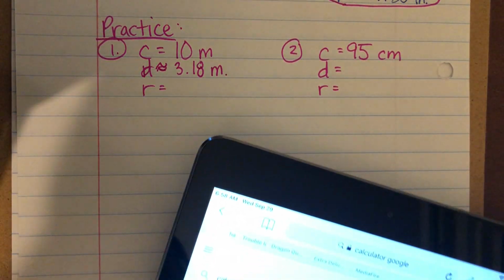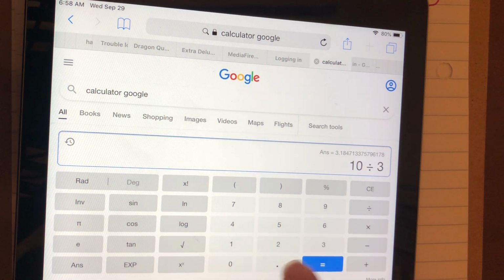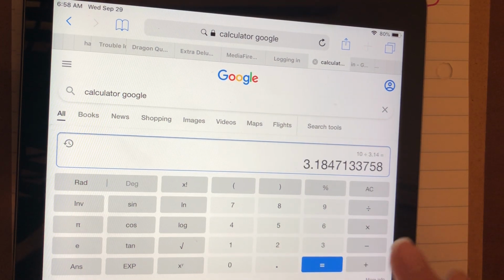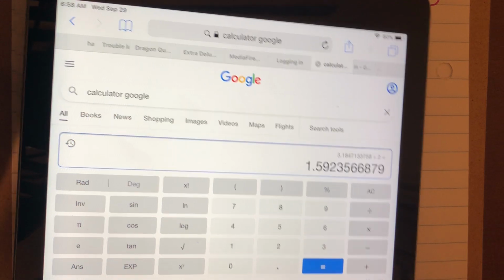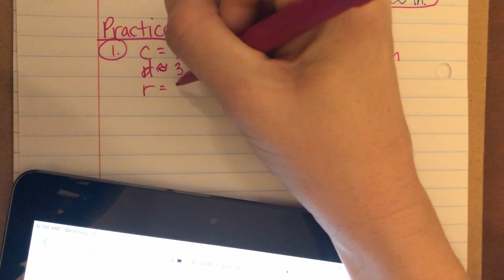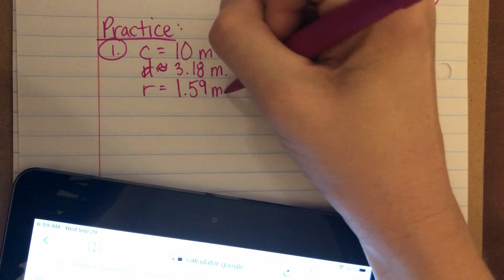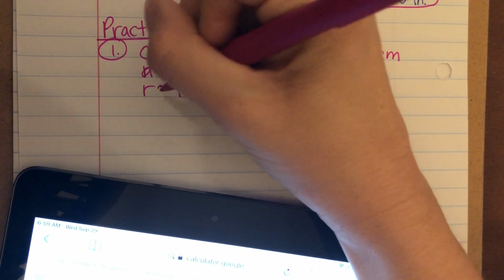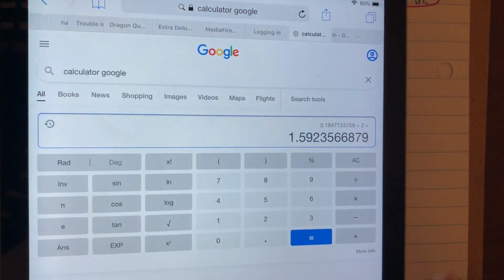And either you can divide that by 2 or you can do the math here. If we take the circumference, divide it by pi, and then divide it by 2. Okay, I would round that to 1.59 meters. Again, half. And this is just an approximation.